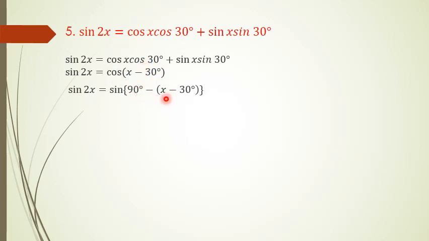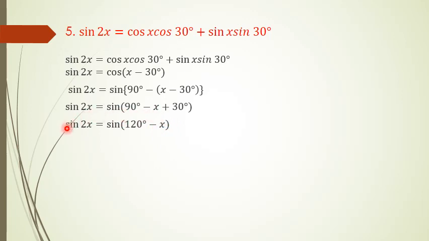Then we clear the brackets later. That's sine 2x equal to sine of 90 minus this negative, and that negative will make a positive there. So plus 30 degrees, and adding 90 and 30, we have sine 2x equal to sine (120 degrees minus x).